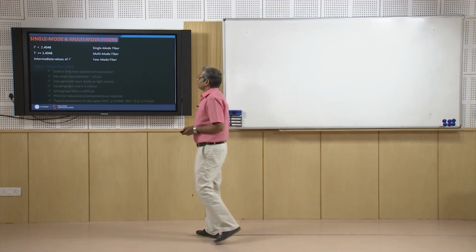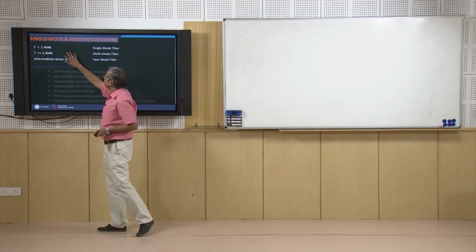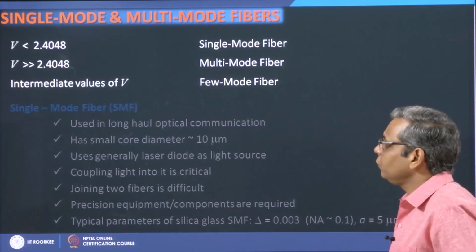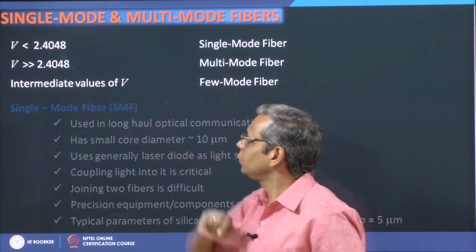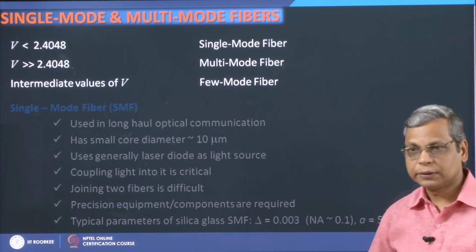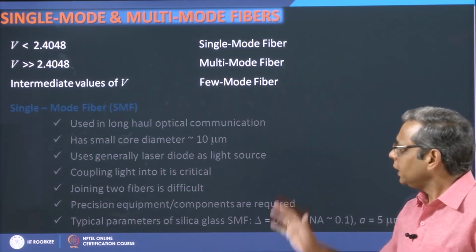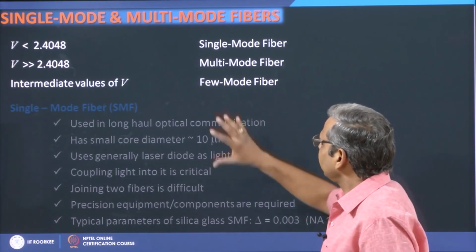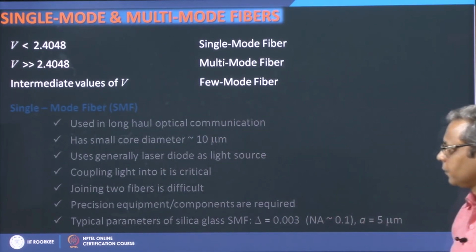So, for V less than 2.4048, it is single mode fiber, and if V is much larger than 2.4048, then we call it multi-mode fiber. For intermediate values of V, we can call it few mode fiber.